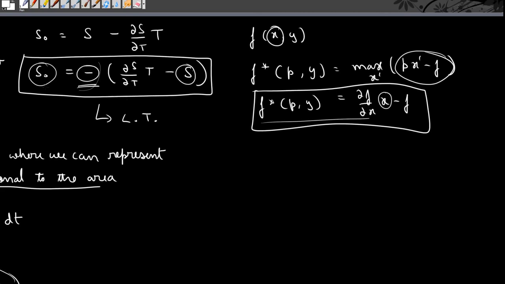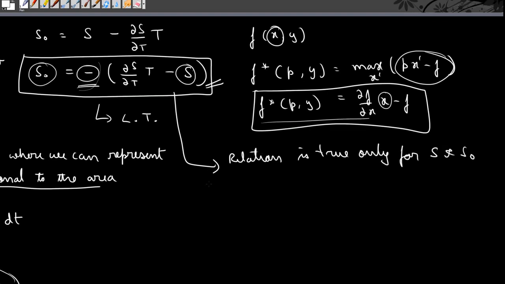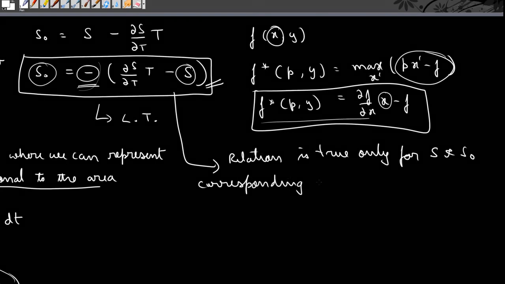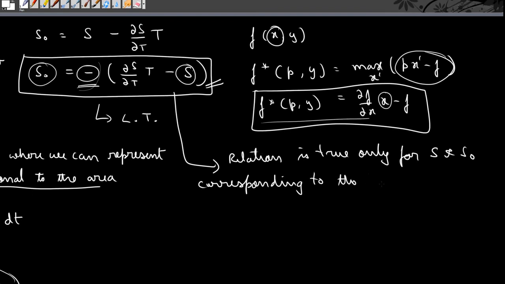So therefore our actions, the two actions which we use in Maupertuis principle and Hamilton's principle, are related using a Legendre transform of this kind, but what we have to keep in mind is that this relation is true only for S and S naught corresponding to the true paths.